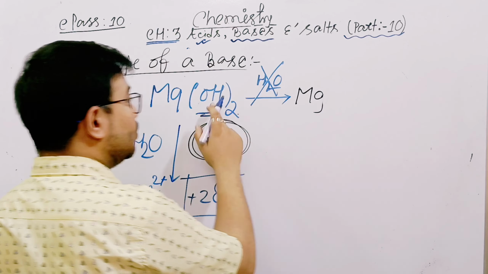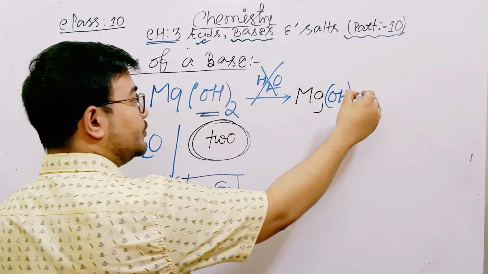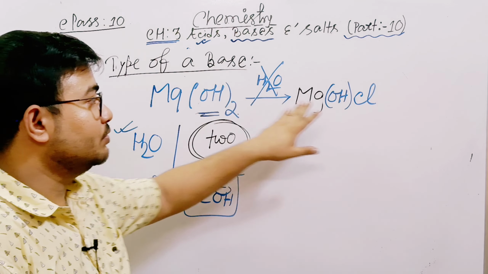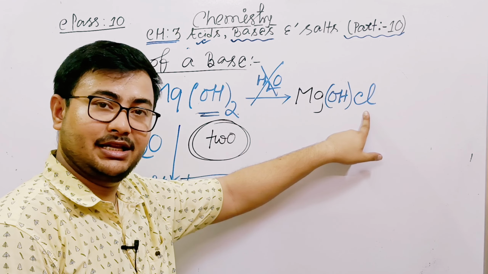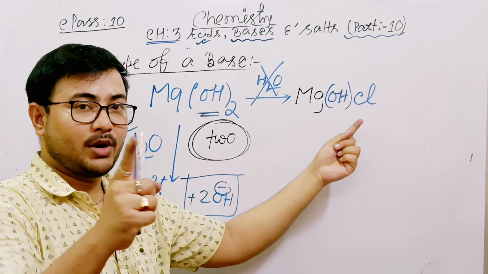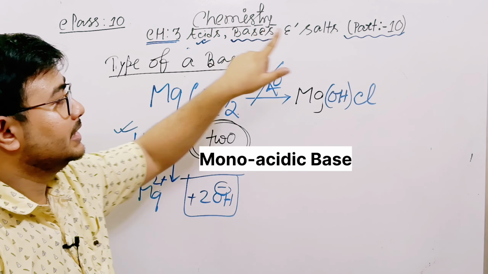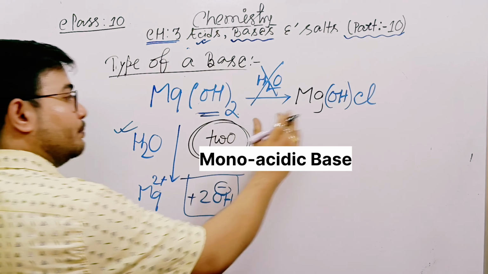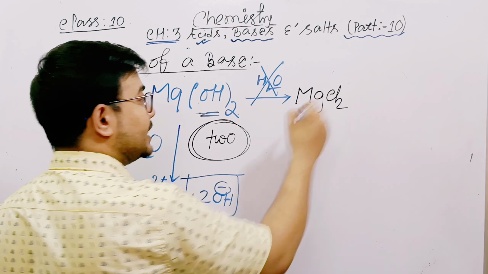Suppose only 1 OH can be removed and replaced by Cl. Previously it contained 2 OH, now we have 1 removable, displaced by 1 Cl. So it is monobasic. Though 2 OH ions are present, if only 1 is displaced by Cl, it is monobasic. But if both OH are replaced by Cl, it is dibasic.